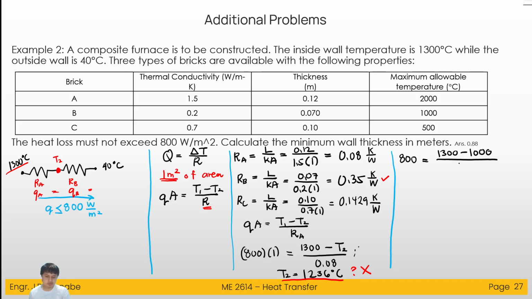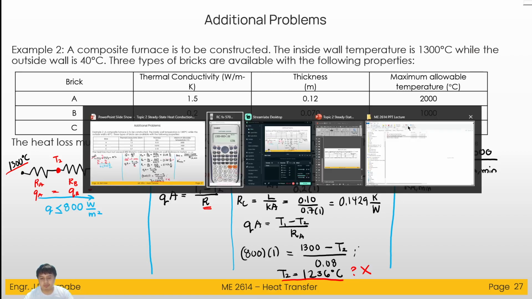So we are imagining T2 is 1000, and then we can find the RA. So the RA, that is minimum. I've written here the minimum requirement of the resistance to reach 1000 degrees.